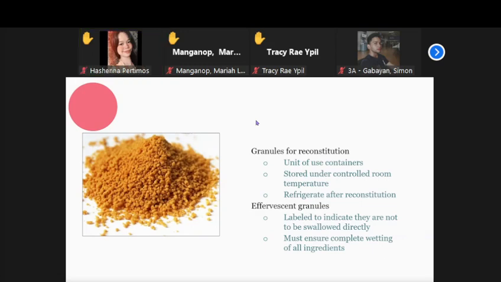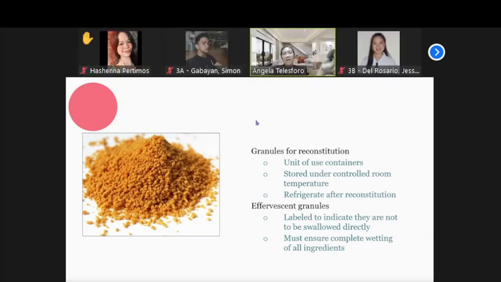Okay, so effervescence means that once you mix them with water, there's a bubble that you can see. The bubble would mean that carbon dioxide has been released.